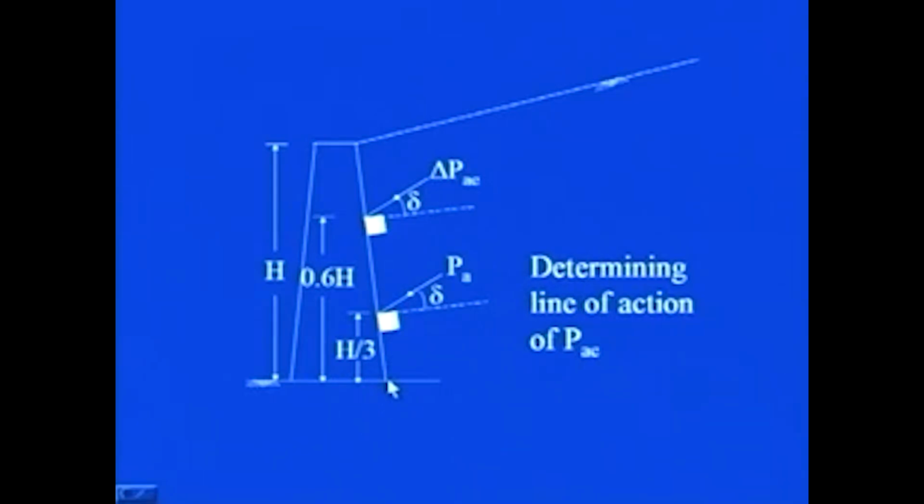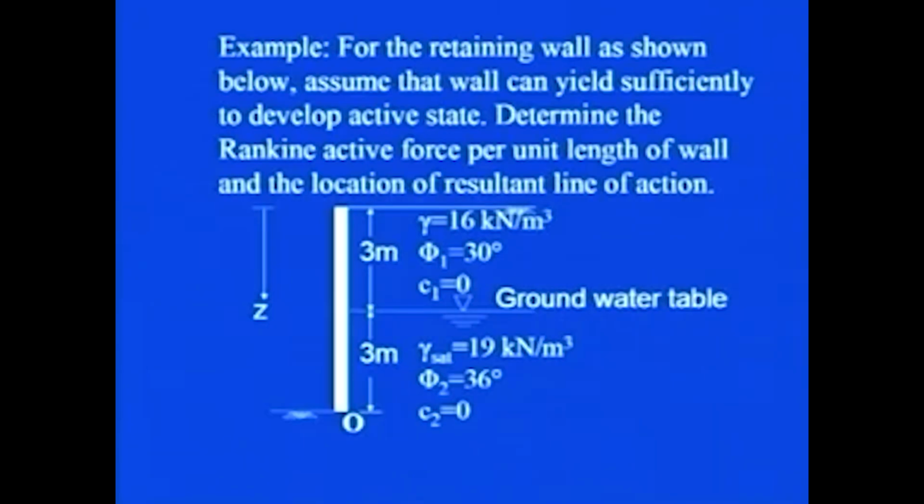If you take the moment from this particular point, PA into h/3, plus delta PAE into 0.6 times h, divided by PAE, that is the resultant force due to earthquake condition. So you will get the line of action of the force acting due to your earthquake condition.